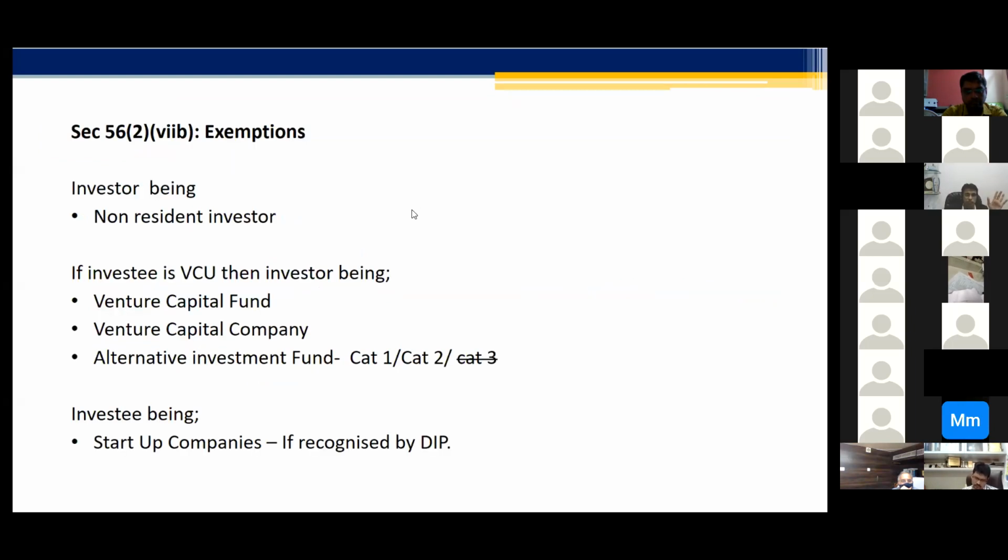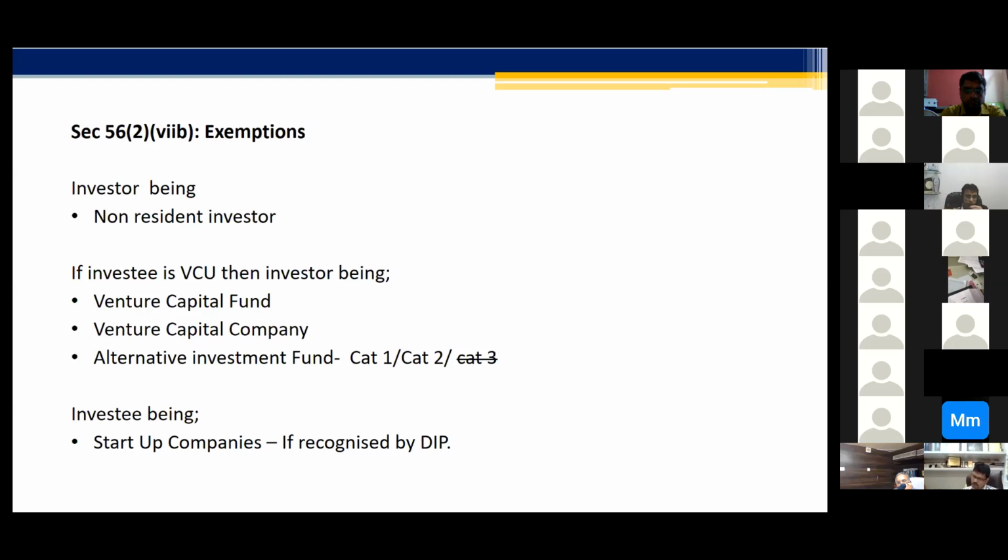So these are exceptions. Then there are also exemptions under 56(2)(viib). It does not apply where the subscriber to the shares is a non-resident. If the company has issued the shares, though it may be at a value in excess of fair market value, but it is issued to a non-resident, then 56(2)(viib) does not apply. If it has been issued to a venture capital undertaking, a venture capital fund, a company, or an alternative investment fund, it does not apply.